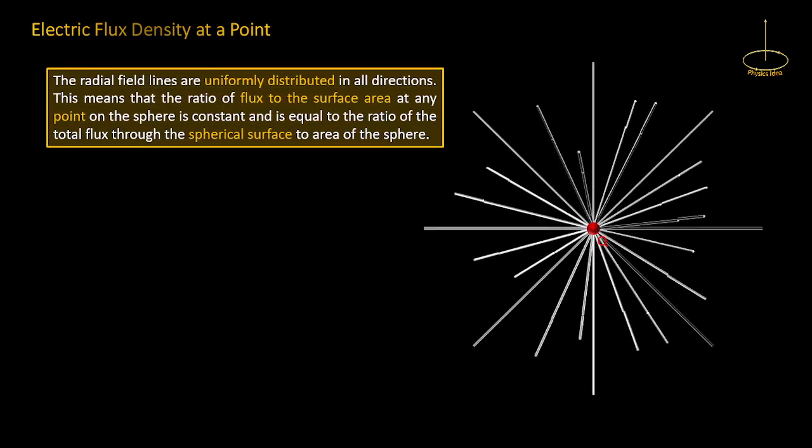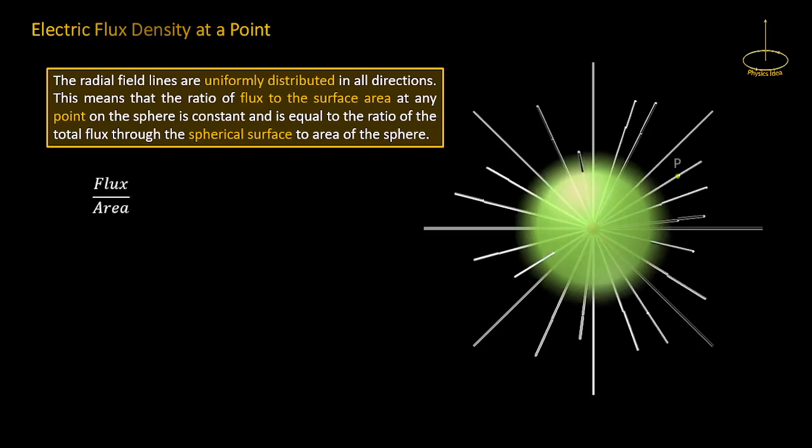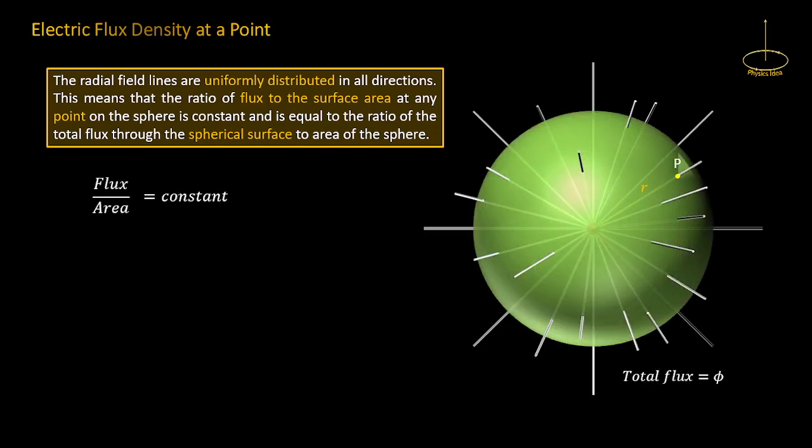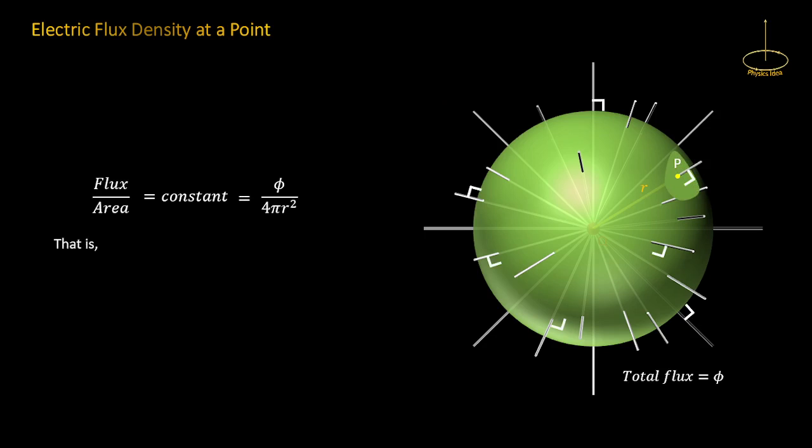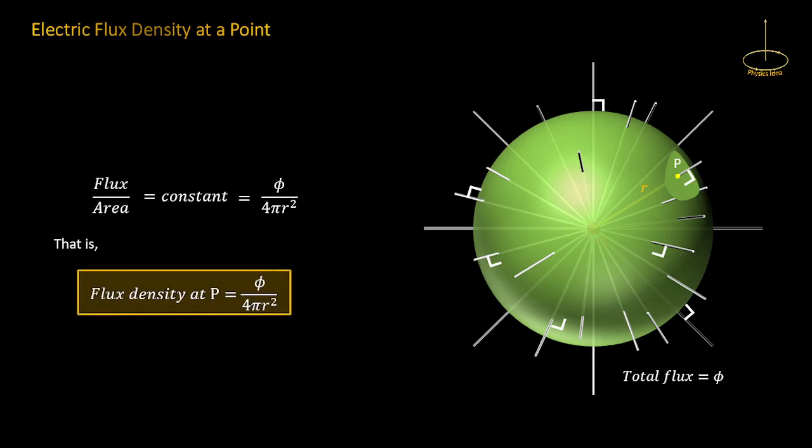This means that the ratio of flux to the surface area at any point on the sphere is constant and is equal to the ratio of the total flux through the spherical surface to the area of the sphere. That is, the flux density at P is equal to phi, that is the number of field lines, divided by area 4 pi r squared of the sphere.